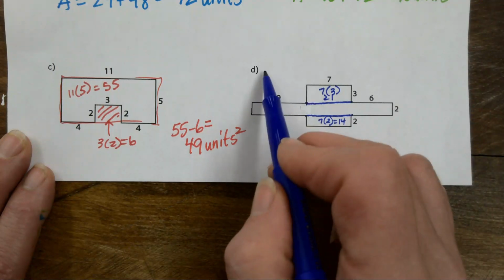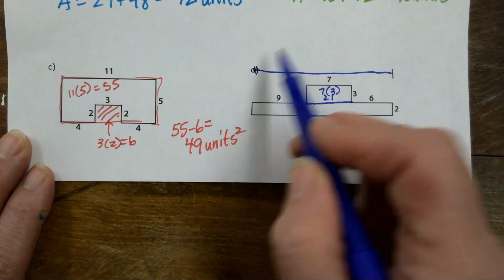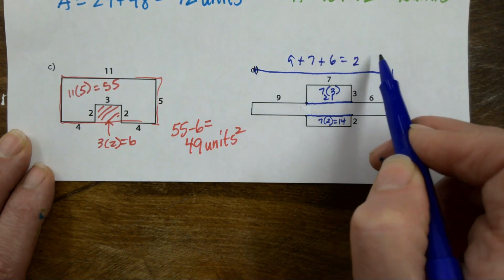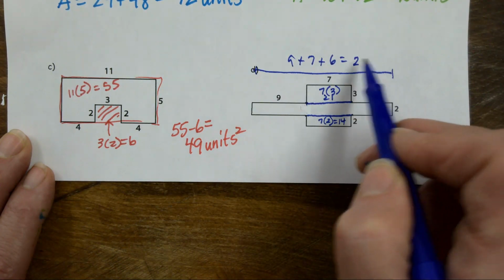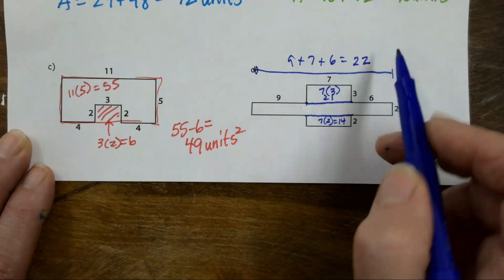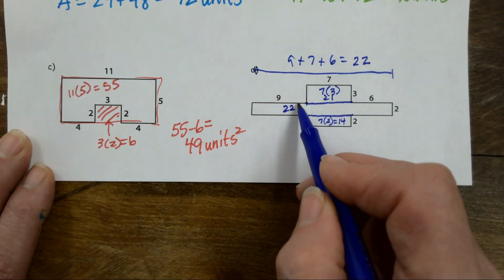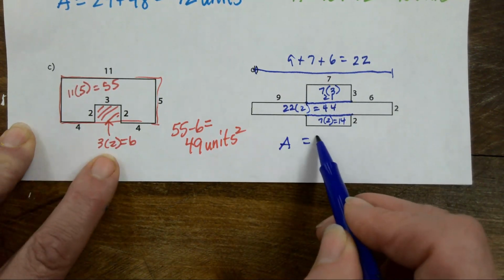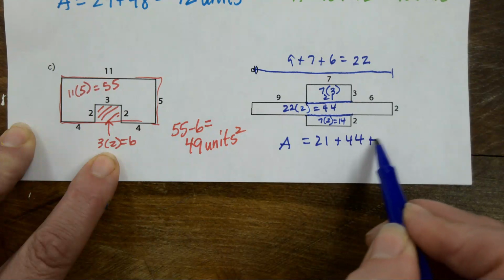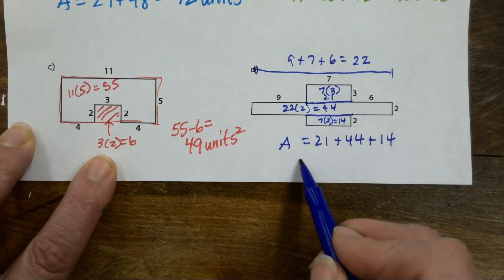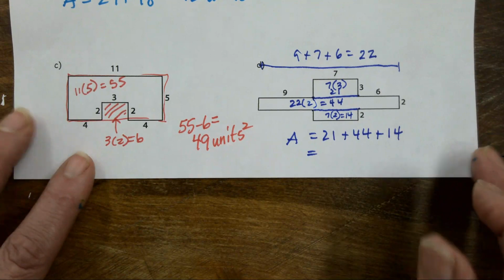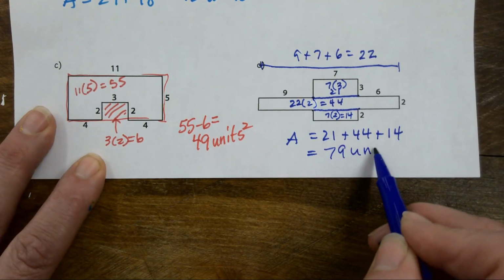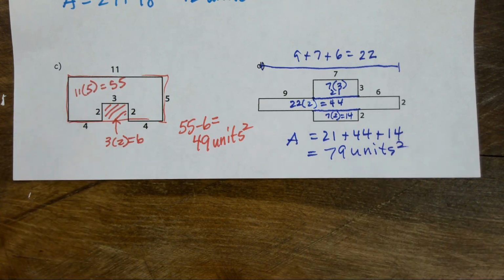So that full length here would be 9 plus 7 plus 6, or 22. And then it would be 22 times 2, or 44. So my full area is 21 plus 44 plus 14. Add that all together, we get 79 units squared. Great.